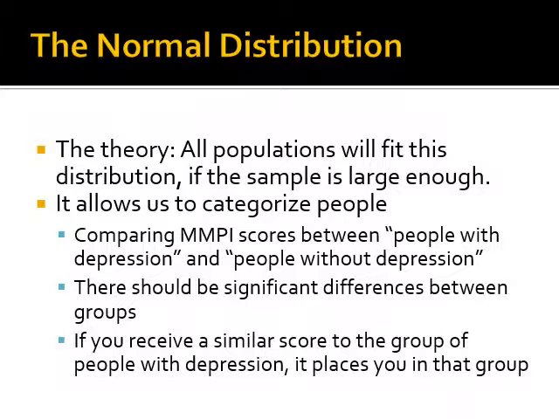And if those groups were so well defined that those differences were unlikely to be found by chance alone, then if a person takes a psychological assessment, say the MMPI, and they have a score similar to the group of people with depression, it would place them in that group, if you will, that profile group, and help us as clinicians to determine whether or not someone is depressed.